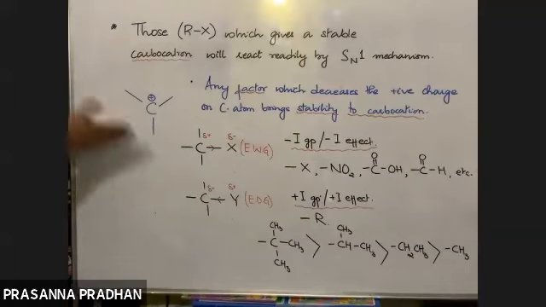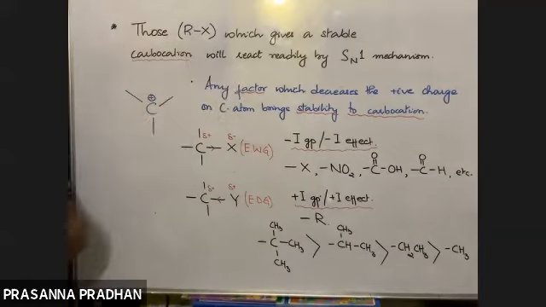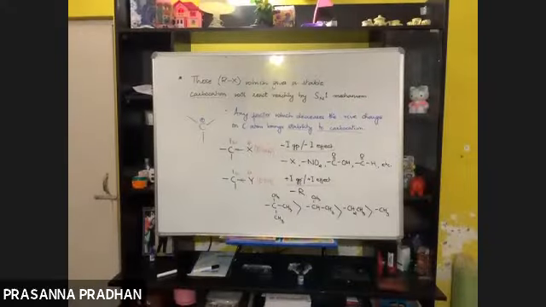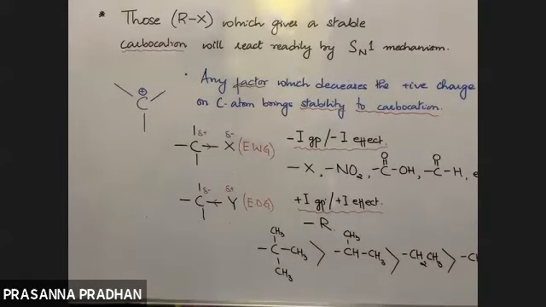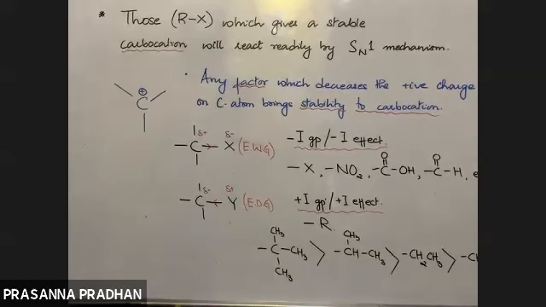Okay, so why do we need to study this? What are we discussing? We are discussing the SN1 reaction. In an SN1 reaction, what carbocation is formed? And what did I say? Those which give a stable carbocation will react readily by SN1 mechanism.